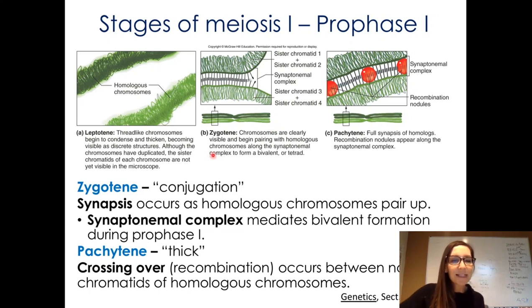It's also called synapsis. This term just means pairing of homologous chromosomes. The pairing is majorly mediated by what we call the synaptonemal complex. This is like a zipper that identifies sequences that are analogous on two homologous chromosomes. You can see the synaptonemal complex proteins form a zipper in between the two.